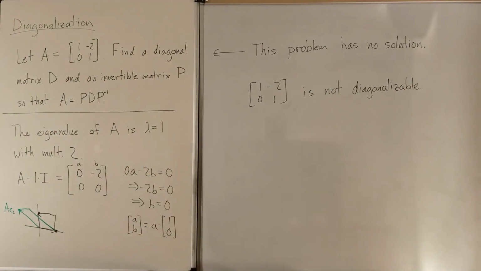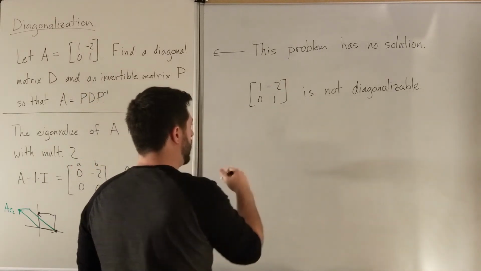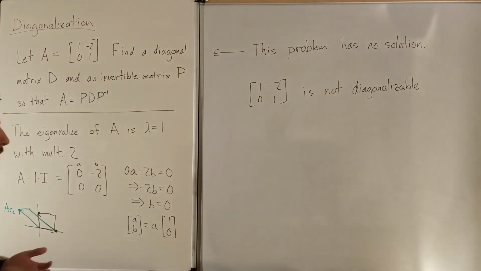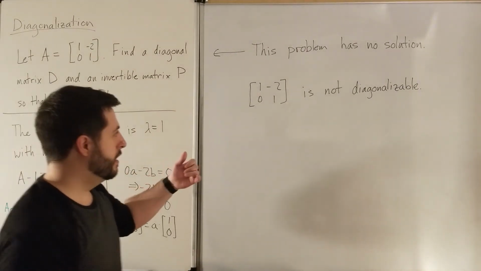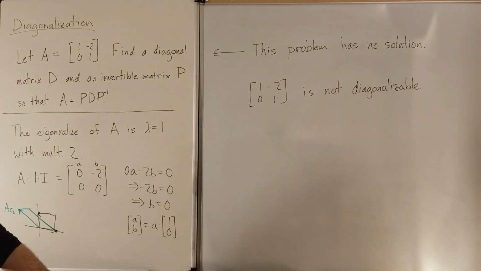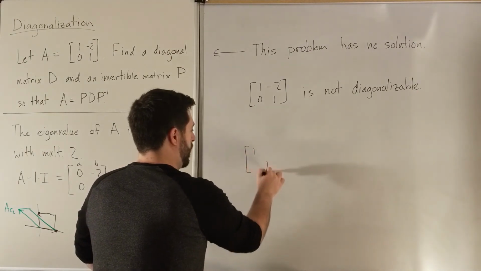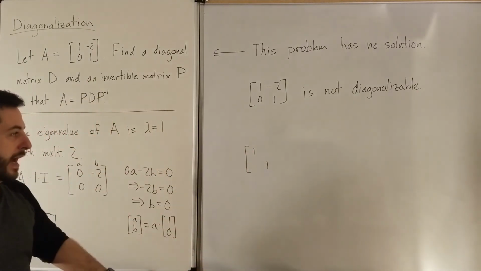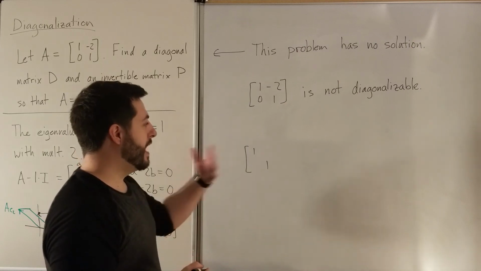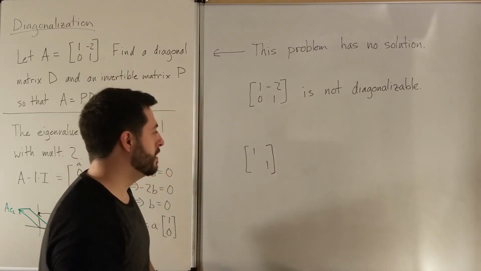The easiest way to say why is if it were diagonalizable, we would get a diagonal matrix, a 2x2 diagonal matrix, and the eigenvalues would have to be the diagonal entries. So we'd have to have 1 and 1 because those are the eigenvalues of this. Remember, the diagonal matrix corresponding to this has to have the exact same eigenvalues.